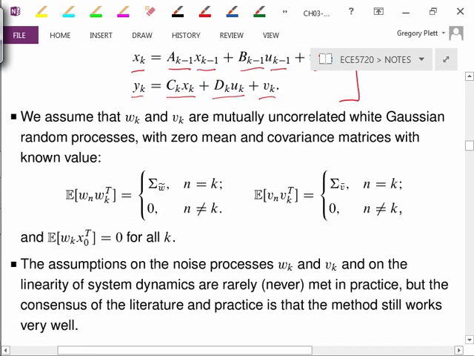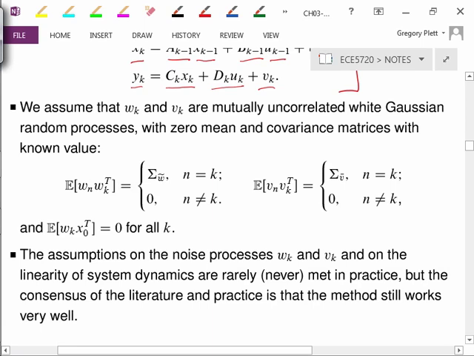We assume that the noises are mutually uncorrelated, so w is not correlated with v and vice versa. They're white noises, as we've talked about. They're Gaussian random processes. They've got zero mean, and they've got covariance matrices, which really talk about how powerful the disturbance is, and these covariance matrices have known value.